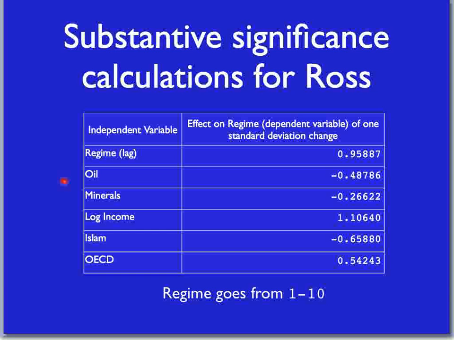In general, you might not think that half a point on a 10-point democracy scale is necessarily a big deal. That's something that one could make an argument about. The important thing for present purposes is just to say that Ross does not present much of a discussion of the substantive importance of his results.